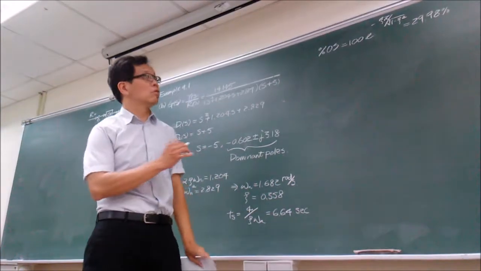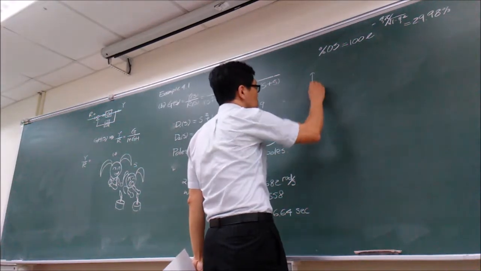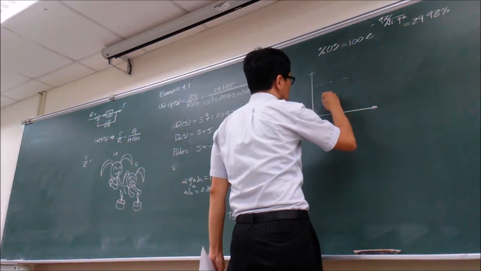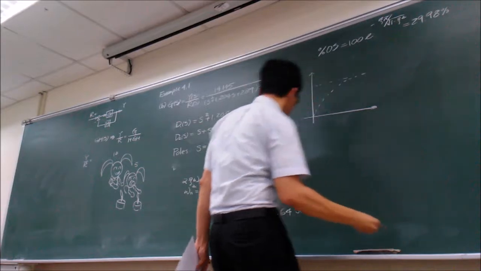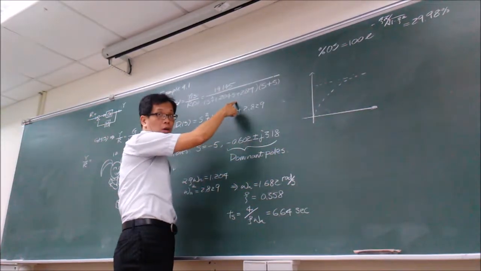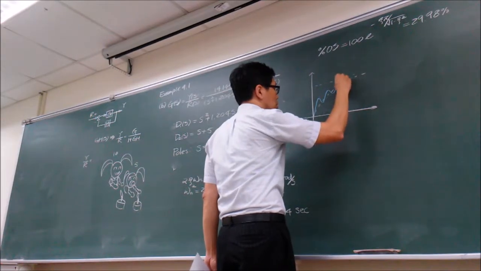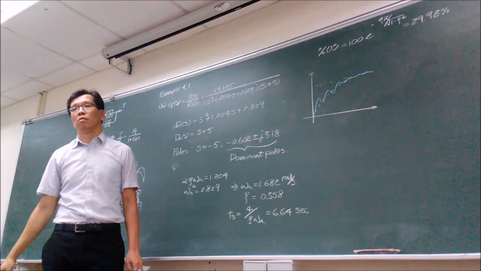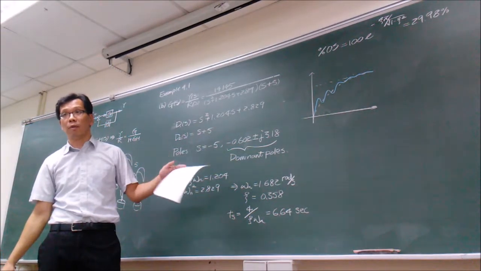We're not going to talk about something like this in this class because if this is going to be the dominant system, what are you going to see? This one is still oscillating, so you're going to see something like this. That is going to be first order dominant with a very low damping ratio.